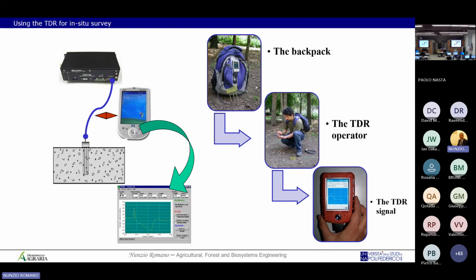This is not it. The TDR is something completely different. The TDR measurement means to collect the waveform and to analyze the waveform. I want to be very clear on that. I hope that everything is clear on that point.